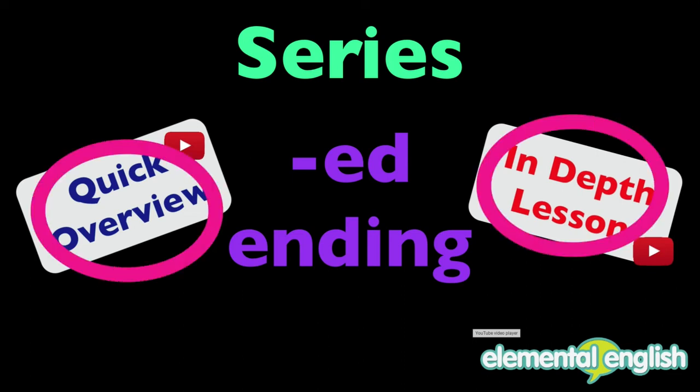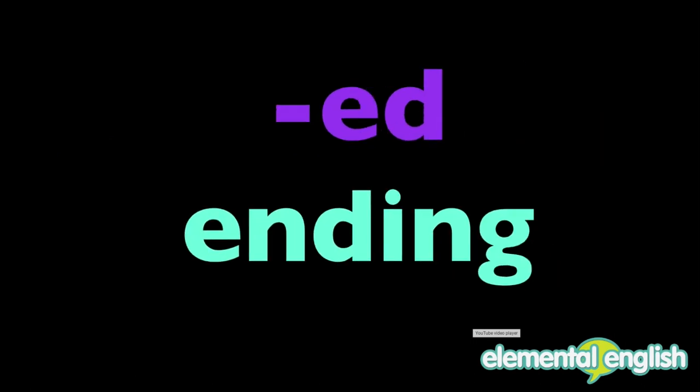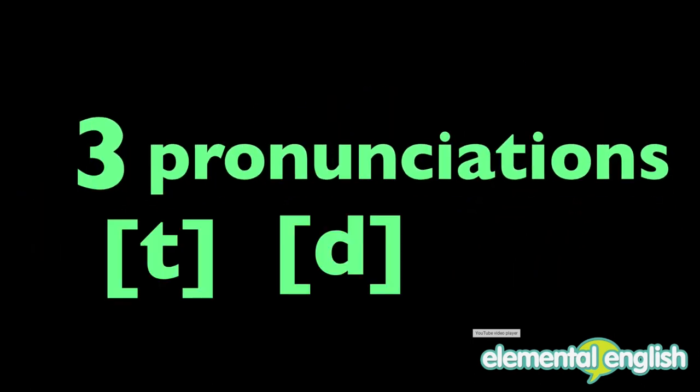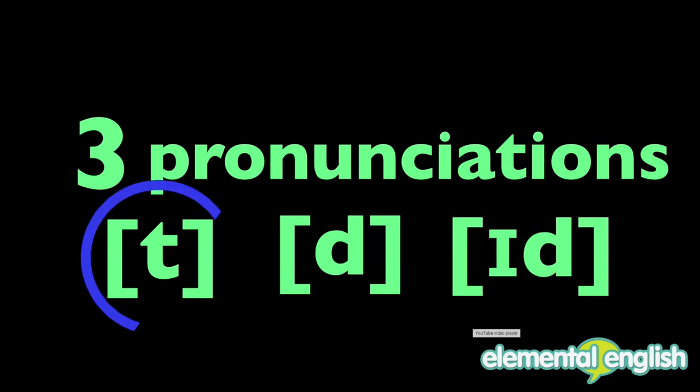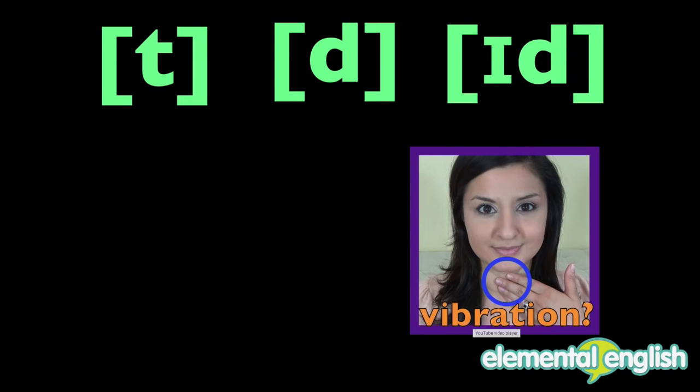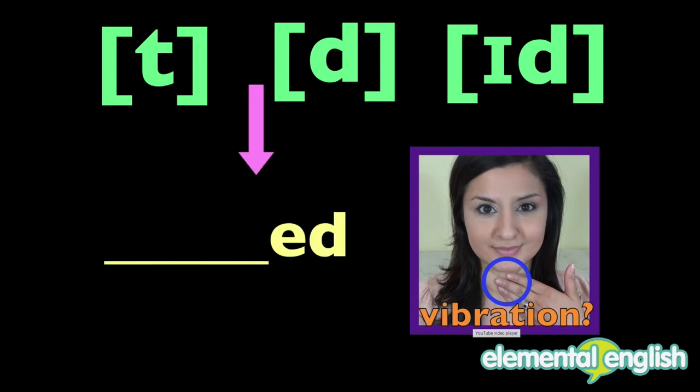As previous lessons have already discussed, the ED ending in English has 3 sounds, t, d, or id. This change in sound results from whether or not the vocal cords vibrate to create the sound right before the ED ending.